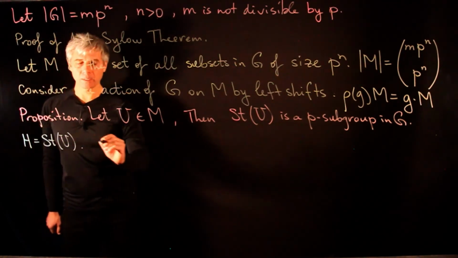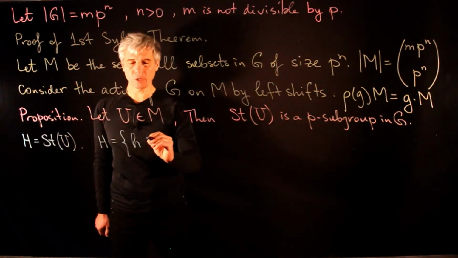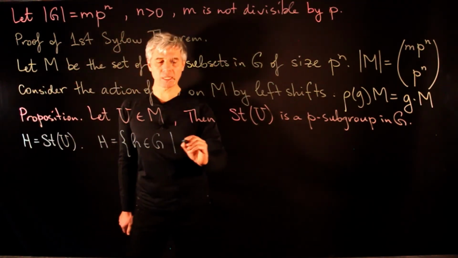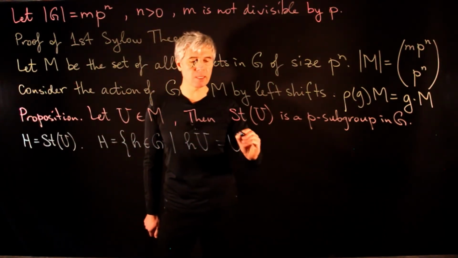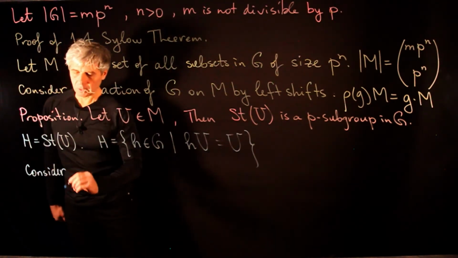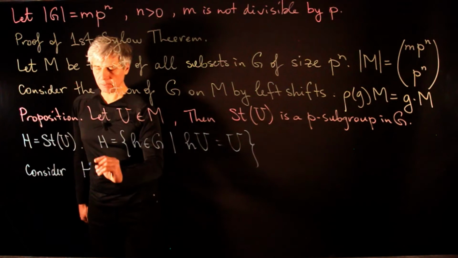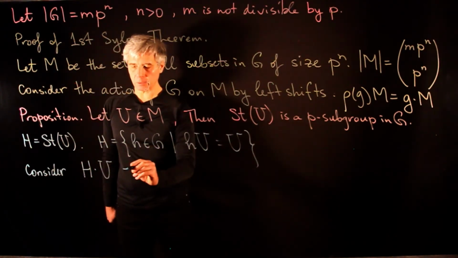So what is this? H is the set of elements h in G such that when we shift U by element h, we get the same element U. Consider the following set. Let's multiply H by U. We can write this product in two different ways.